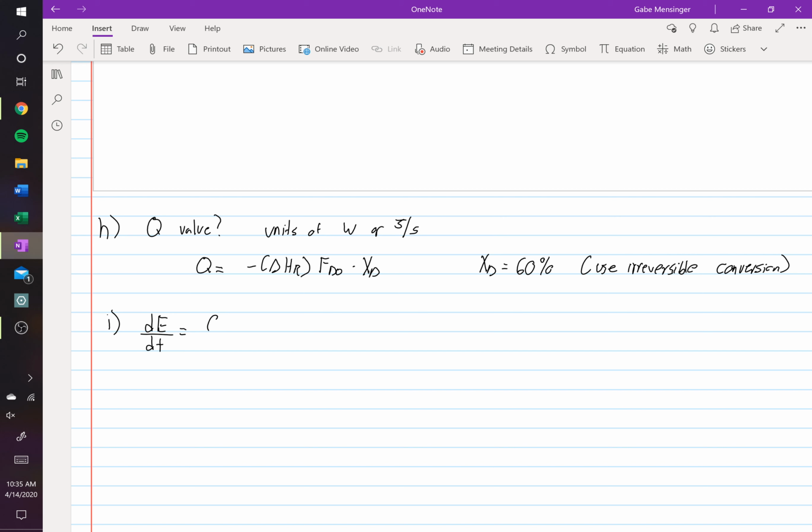So I write out the entire energy balance, if I can remember it.